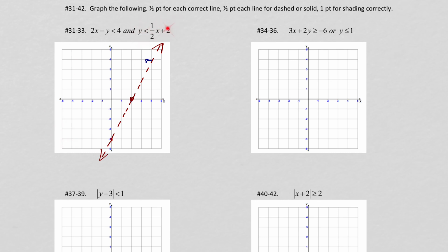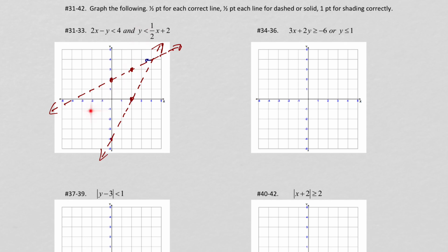This is slope-intercept form, so I put my y-intercept at 2. That's that. And then I rise 1 and run 2. There's no equal sign, so I'm drawing a dashed line. And this is up, down, so there's a positive, so I'm going down.